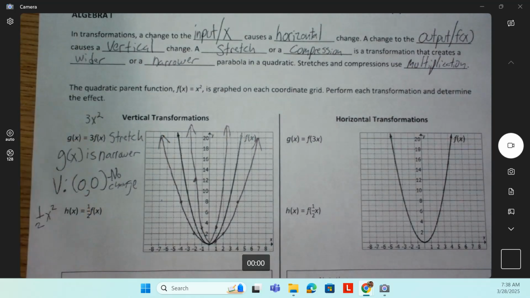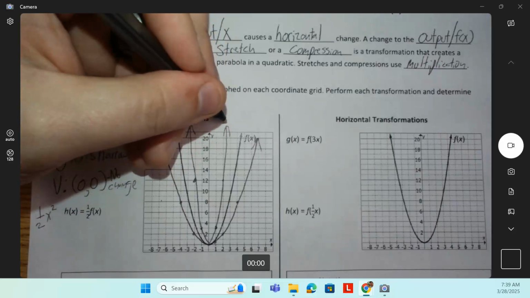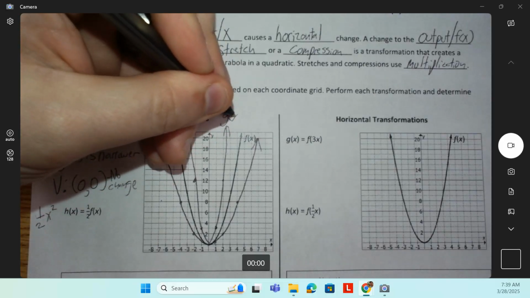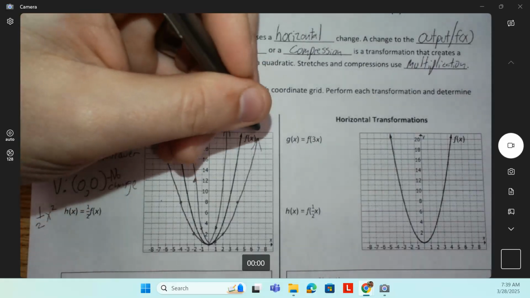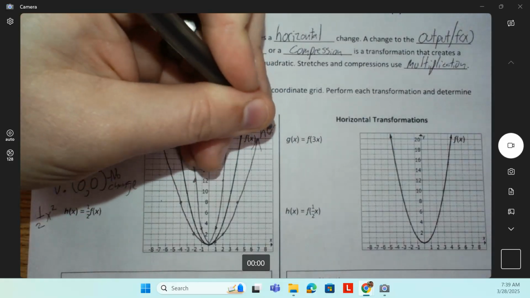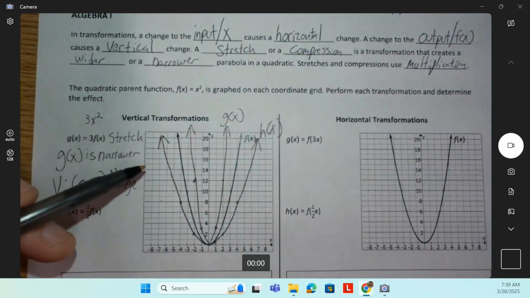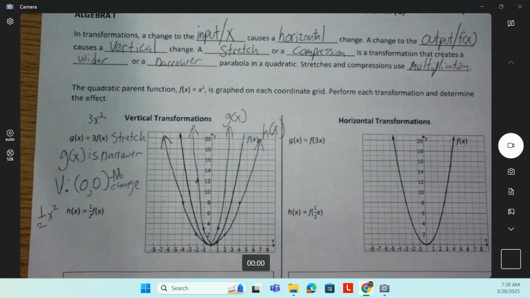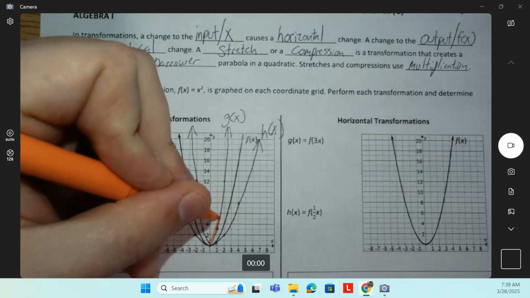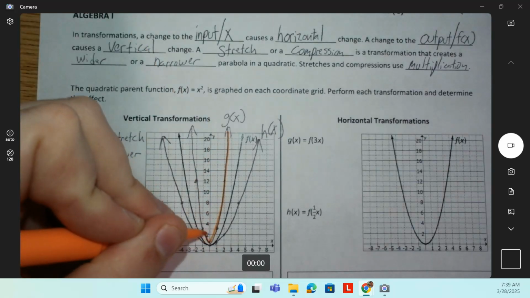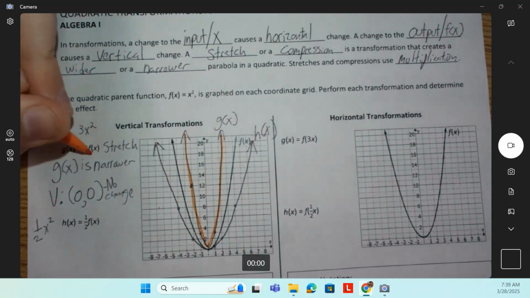I should have probably used some different colors on that so you could see it a little better. But this one is g of x, and this one is h of x. So we've got one that's a little bit narrower, one that's a little bit wider. We can just highlight these, so we notice a little bit of a difference there.